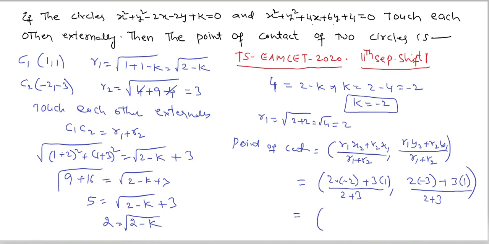That is equal to (minus 4 plus 3) by 5, comma, (minus 6 plus 3) by 5, that is minus 1 by 5, comma, minus 3 by 5. This is the point of contact of the given circles.